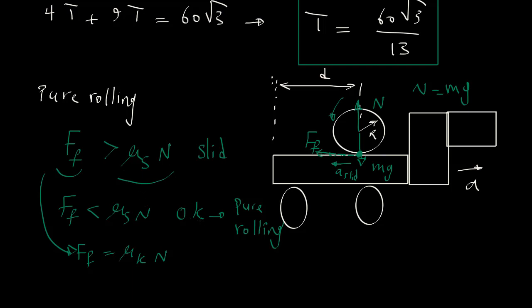And if that's not the case, then that's okay, we have pure rolling. But if the friction force is larger than this maximum value, then we do have sliding here, and also the value of the friction force would be known, mu_k times N. So that's the key for solving these kinds of problems.